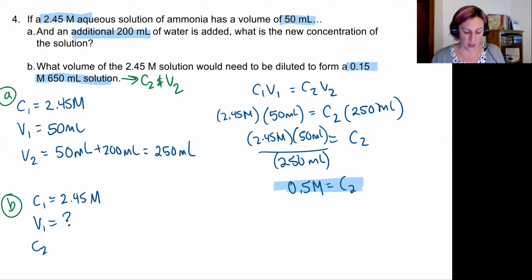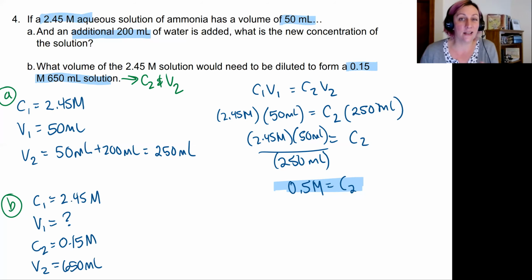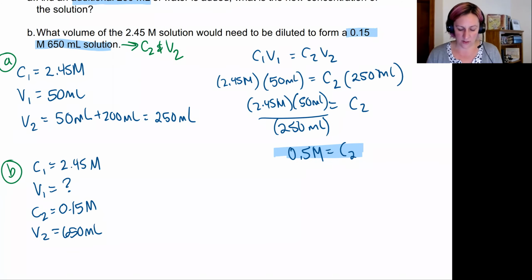My concentration that I'm aiming for is 0.15 molar. And my total volume that I'm going to need is 650 milliliters. And again, look at the context of the language around this. It's telling you that you're going to form a solution that's 650 milliliters. So that total volume is 650. So let's set this up. C1V1 equals C2V2.